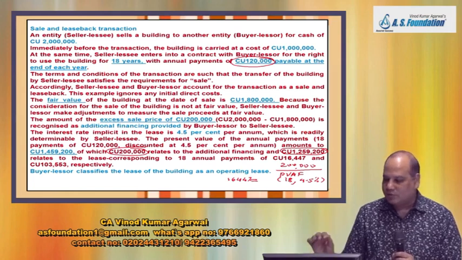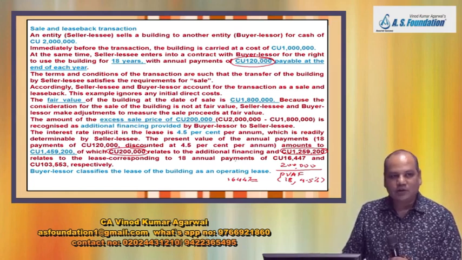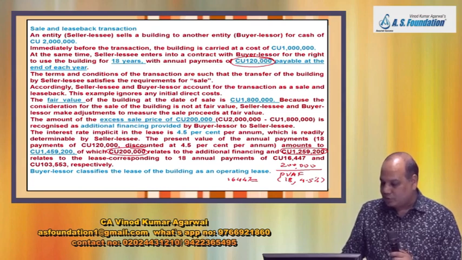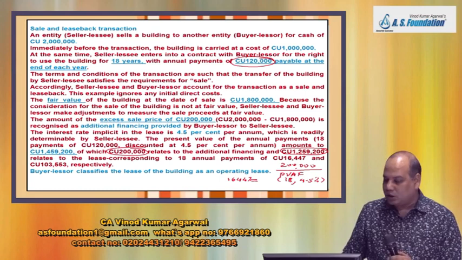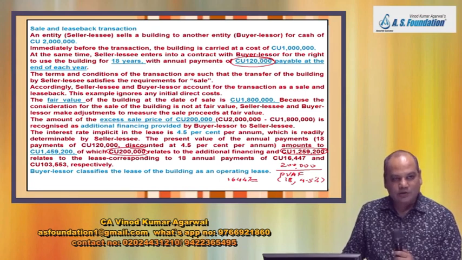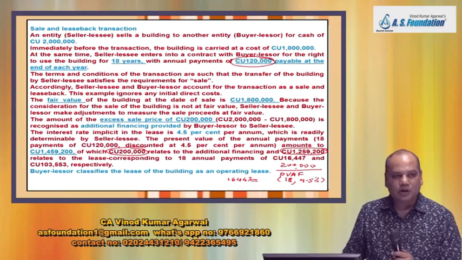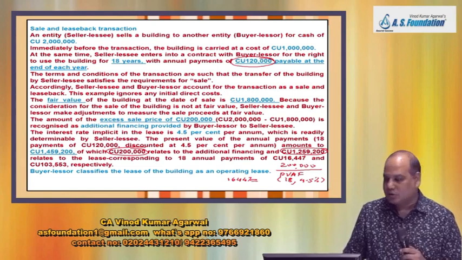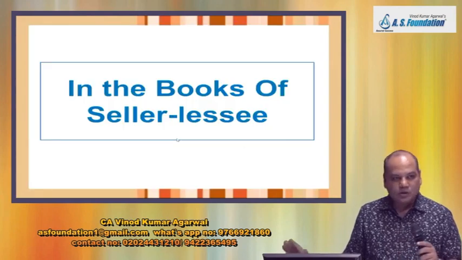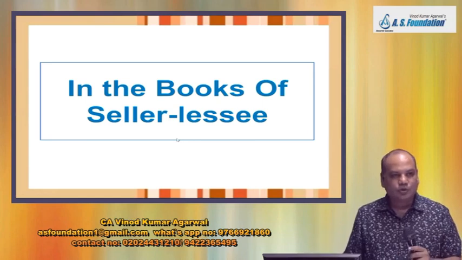So we'll just quickly revise. 2 lakh is the additional finance. 18 lakh is the fair value of the asset. Present value of lease payment is 14,59,200, out of which 2 lakh is towards additional finance. So only towards lease is 12,59,200. So highlight 12,59,200 also in your answer. This is a common calculation for both parties.